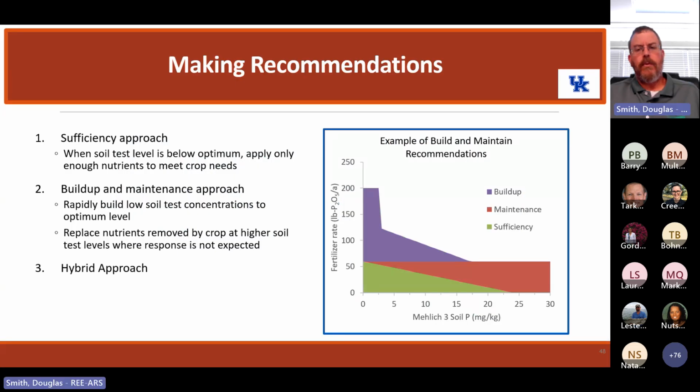I don't want to bore you too much with how some of these recommendations are made. There are at least 3 different philosophies in how to guide fertility management. So in this graph, representative values for Mehlich 3 phosphorus levels, and then how much phosphorus you should be applying. Some people say that you should only supply enough to make sure the soil has enough buffering.